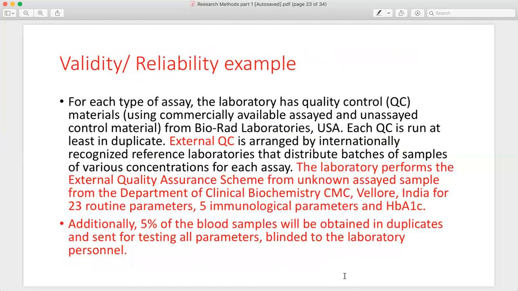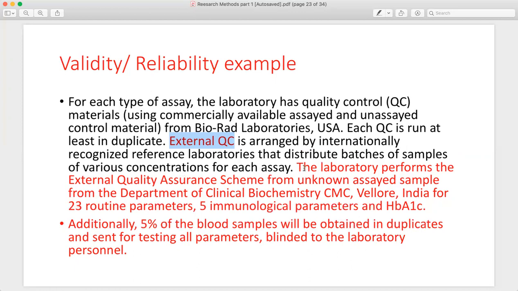This is an example. For the validity and reliability of the lab assays, we are saying that the lab has high quality control materials, and the lab also does external quality control, which is arranged by internationally recognized reference laboratories that distribute batches of samples of various concentrations for each assay.